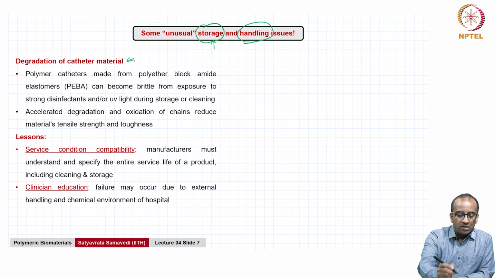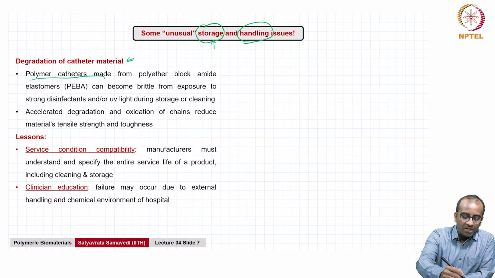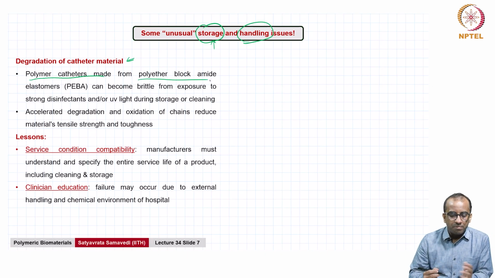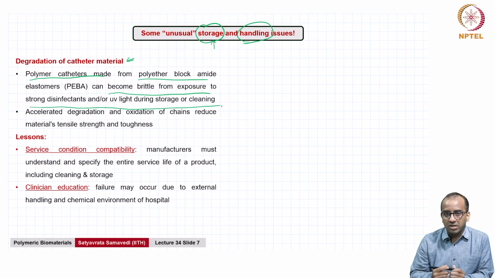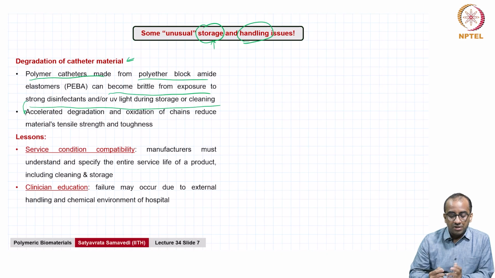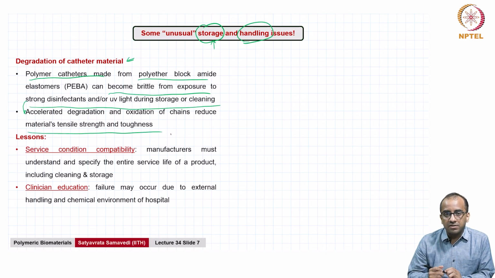So, we are looking at catheter material, and essentially we are looking at polymer catheters made from polyether block amide elastomers, called PBA for short. These are used and can become brittle from exposure to strong disinfectants or UV light during storage or cleaning. That leads to accelerated degradation and oxidation of chains, which reduces the material's mechanical properties, particularly tensile strength and toughness.